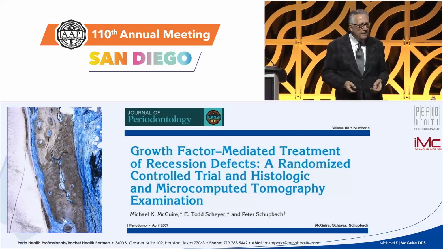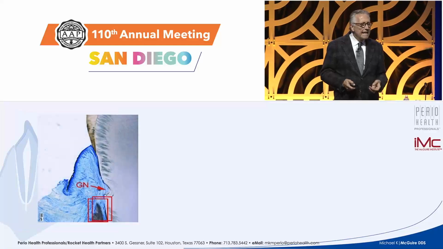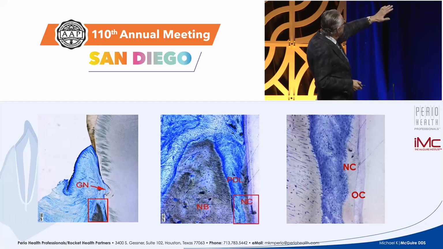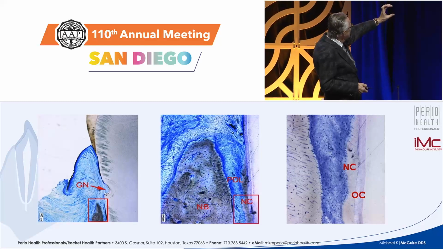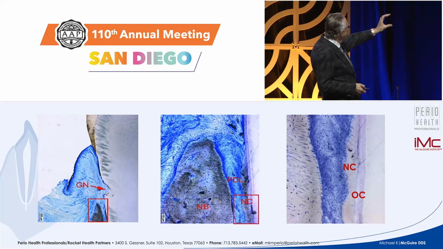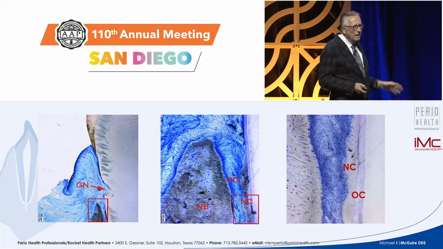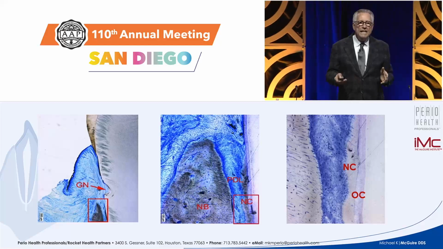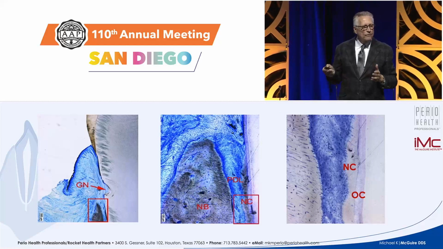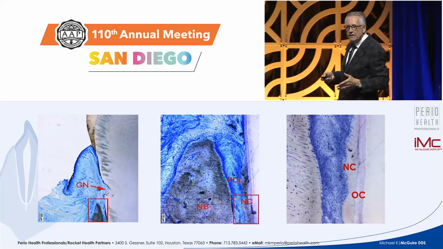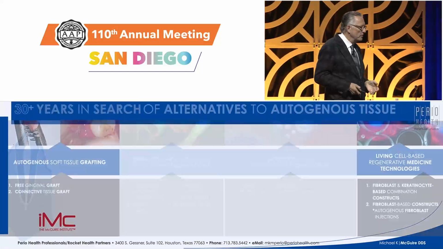If we look at these patients here with micro-CT and histology, again, you see there's your CEJ, and your sulcus, your biologic width, that's the newly created osseous crest, the gingival margin, and that's where the original gingival margin was. So we have new cementum covering old cementum, new osseous crest, functionally ordered PDL. So here is a case where the alternative outperformed the gold standard in the attachment. We actually achieved true periodontal regeneration.